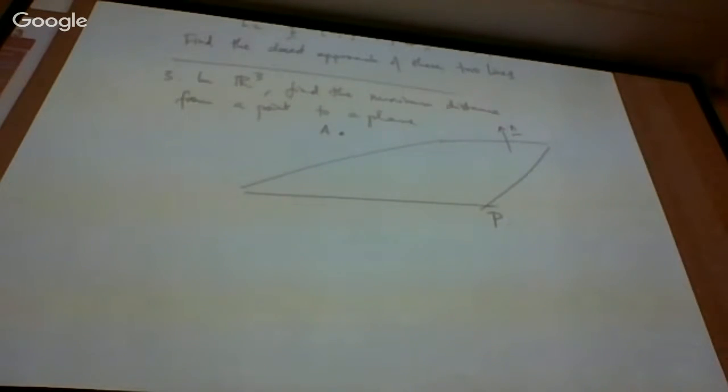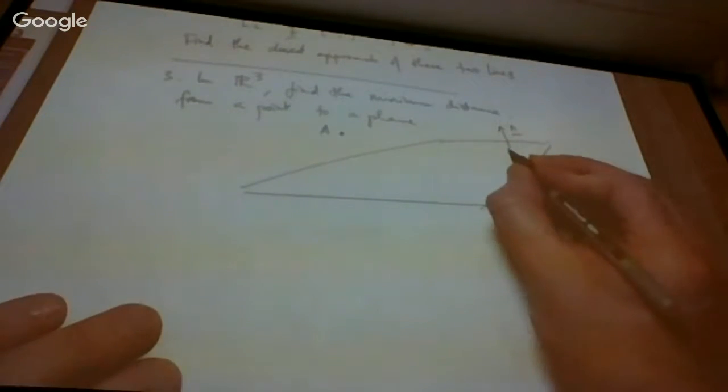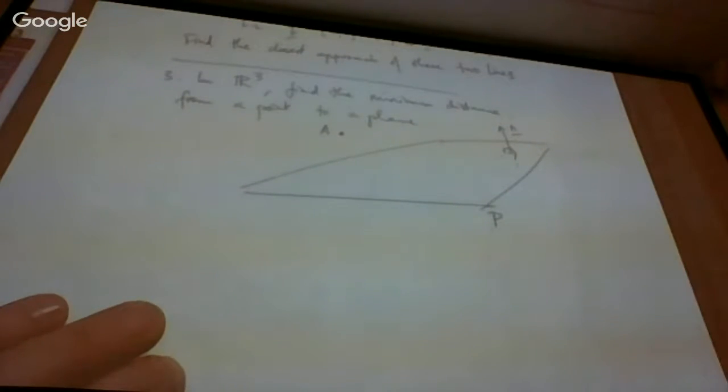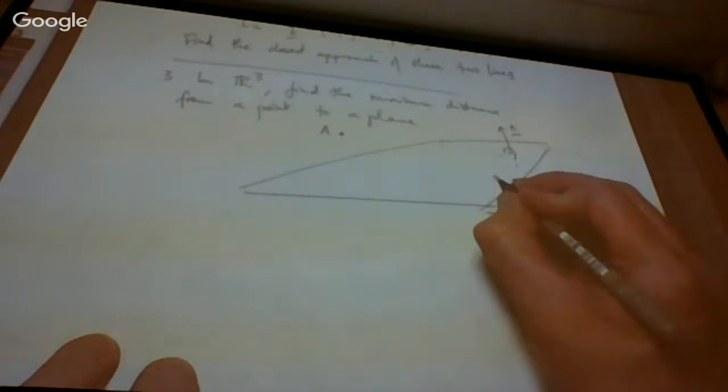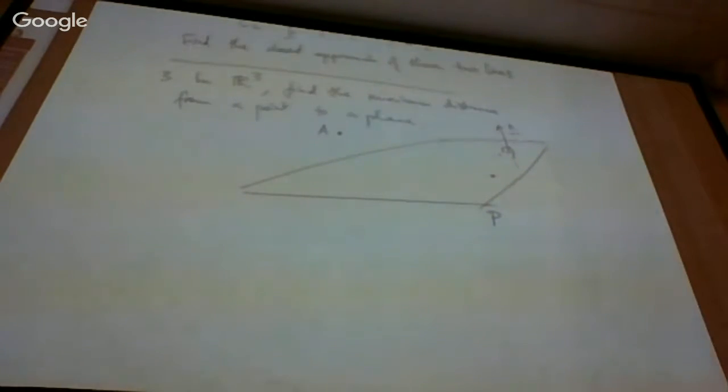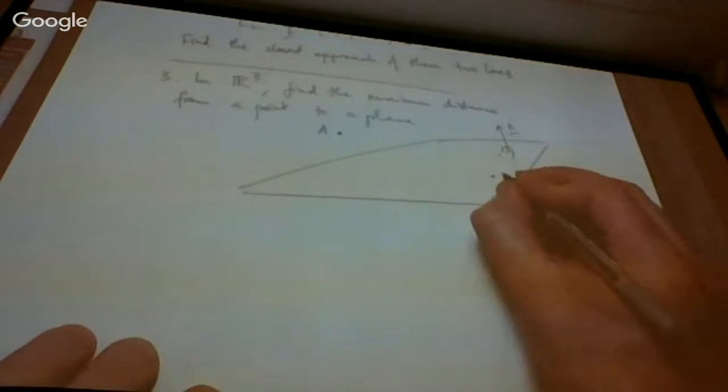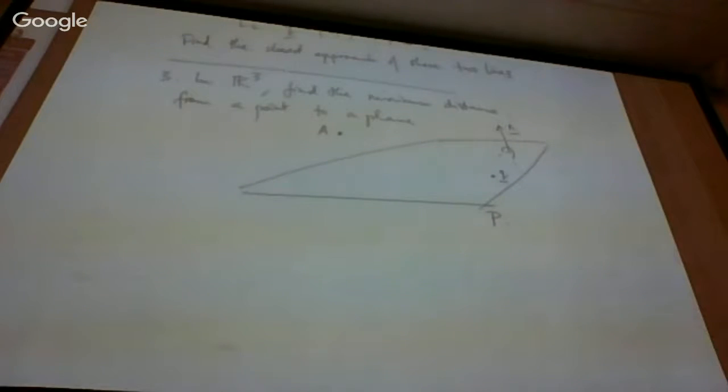You can have a normal vector to the plane, making right angles with the plane. And then of course, there's a whole family of parallel planes which have that normal vector. So to pick out one, you need to have a fixed reference point.